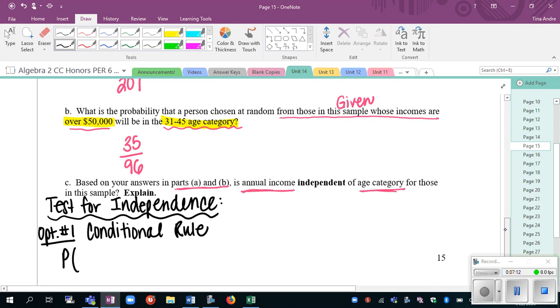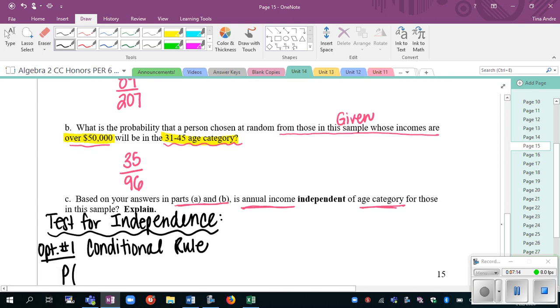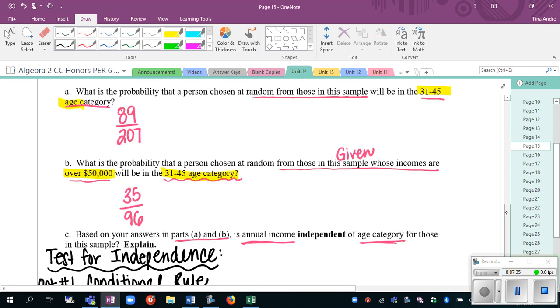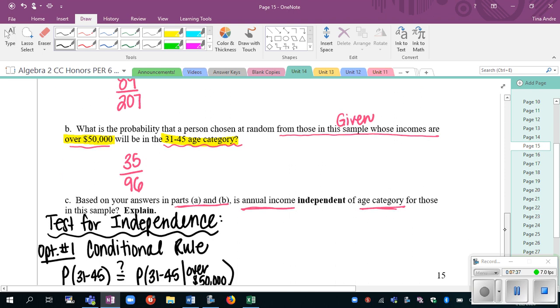In part A I have the probability of someone being 31 to 45. Is that equal to the probability of being 31 to 45 given that your income is over 50,000? So that's the conditional rule.